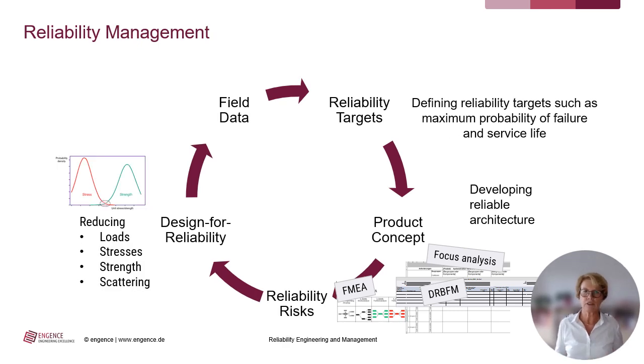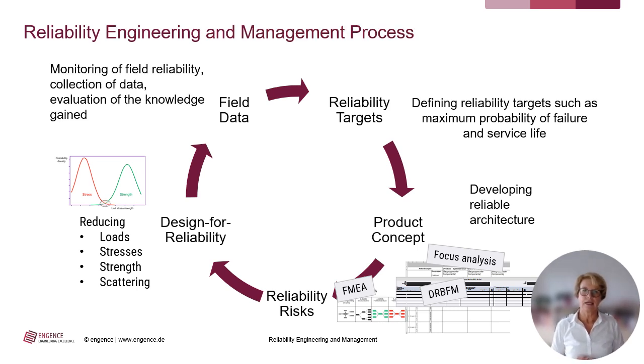So the general approach to reduce or exclude reliability risks is the design for reliability approach, which you already have seen in the previous chapters. Ideally, field data supplements the process and answers the question if the reliability targets are actually valid and fulfilled. The entire process might be repeated several times during a development project.